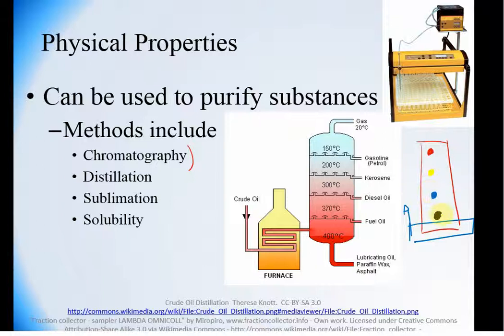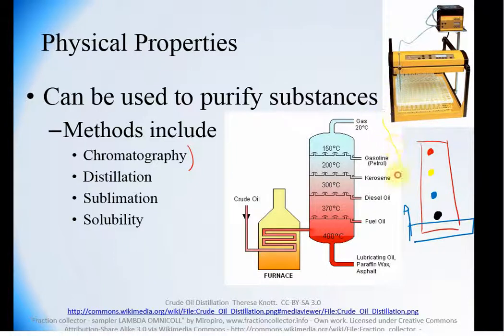All of these components go into this black ink. It's just that now they are separate, even though we didn't change them. Chromatography can be used for gases, liquids. It's very useful.